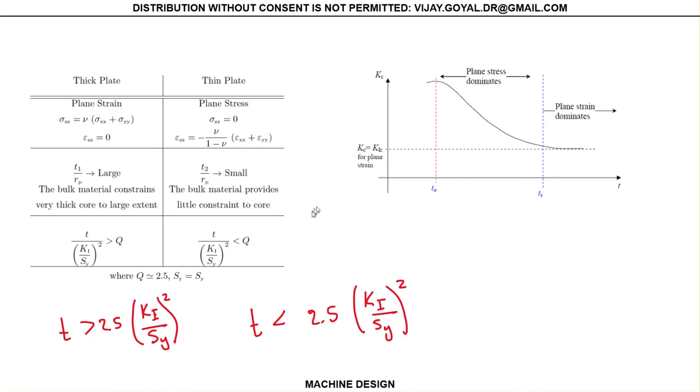So now pay attention very closely to what happens. This is the value that you get from testing, okay? This value is what you get from testing mode 1, K1, and this is for plane strain. This is where my test data actually comes from. But I may have the case where my thickness is smaller than this, and you can see I got a bigger cushion now, right?